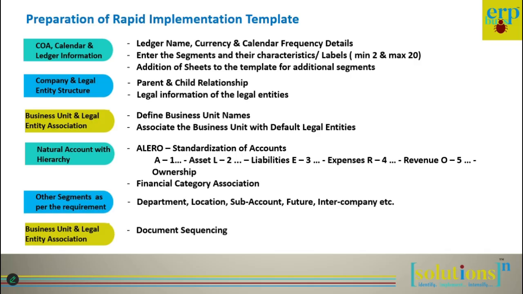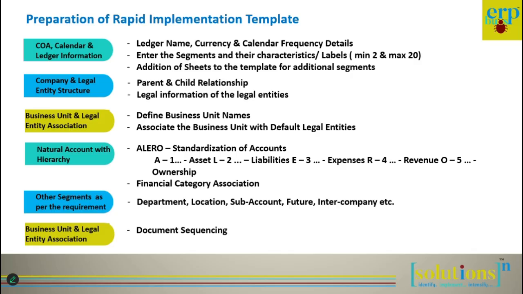So the segment is natural account, and the values will be all the accounts used for accounting the transactions during day-to-day activities. When you do a payable invoice, which account will come? When the payment is done against the payable invoice, which account should nullify that?